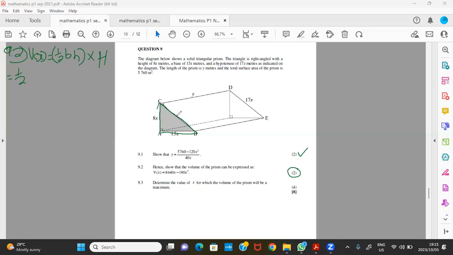The base of my triangle is going to be 15x, and the height of my triangle is 8x. Then when we multiply it by the bigger height, that bigger height is going to be y.